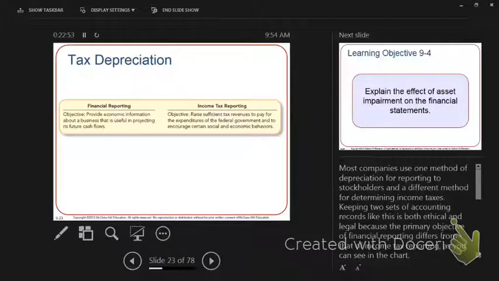They're going to do double declining because it makes it better for tax, but that's lowering their net income. Does that make it look good for financial? No. So you want to show everybody how good your cash looks and how good your net income looks for financial reporting. For tax purposes, the whole purpose is reducing your net income so you pay the least amount of taxes. Two different types of reporting, two different objectives.